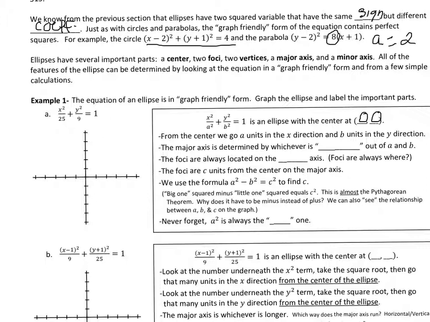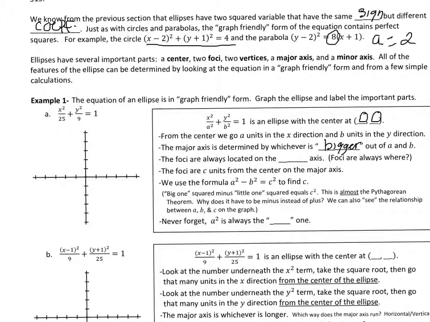Now from the center we go a units in the x direction and b units in the y direction. The major axis is determined by whichever is bigger out of a and b.